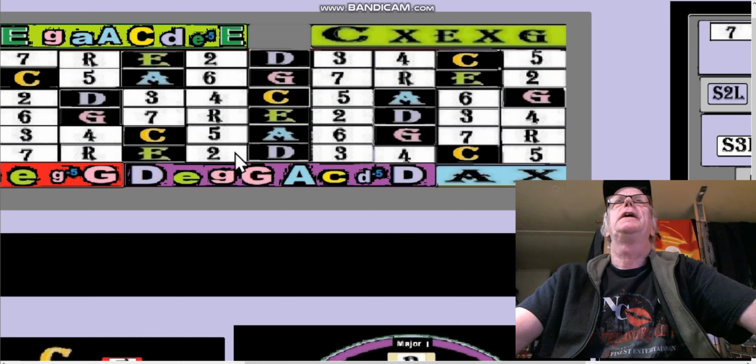We started down here, and our second inversion Aeolian, which was a C minor shaped Aeolian. Believe it or not, we were doing a C minor shaped Aeolian, 3, 6, root 3, right there.